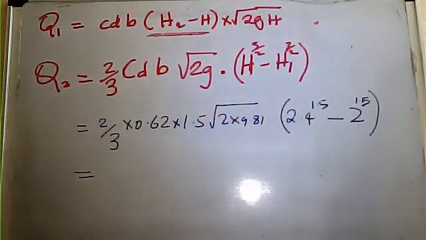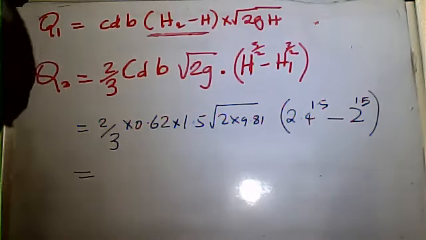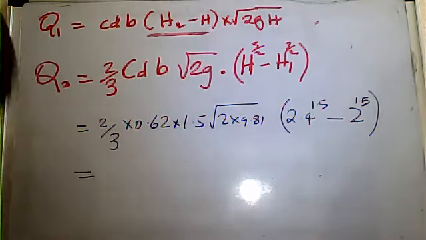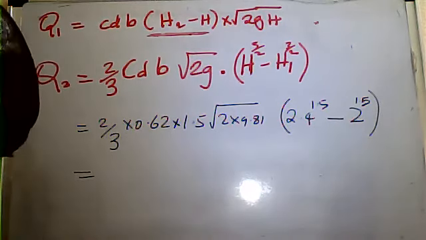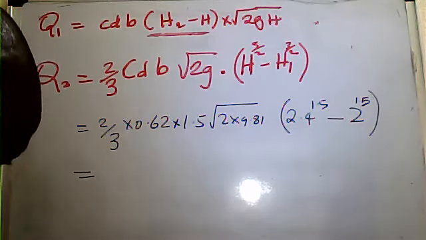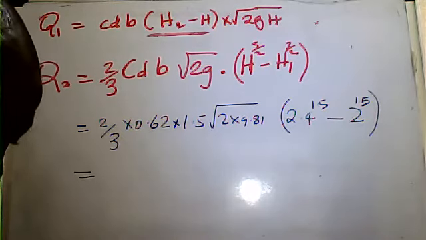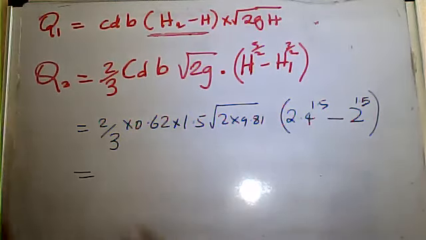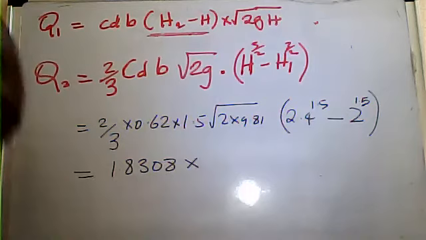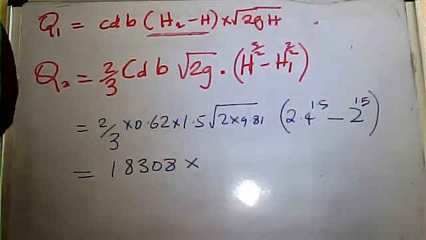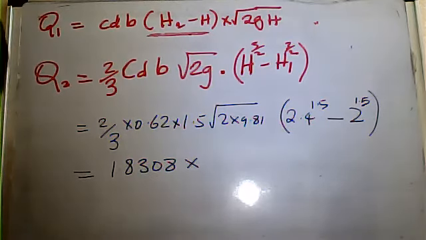We calculate 2 divided by 3 multiplied by 0.62 multiplied by 1.5 multiplied by the square root of 2 times 9.81. We get 1.8308, multiplied by 2.4 to the power 1.5 minus 2 to the power 1.5.